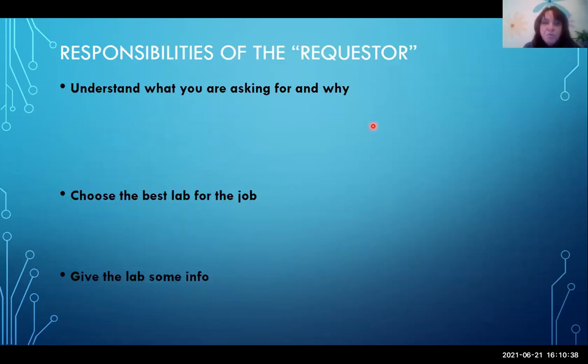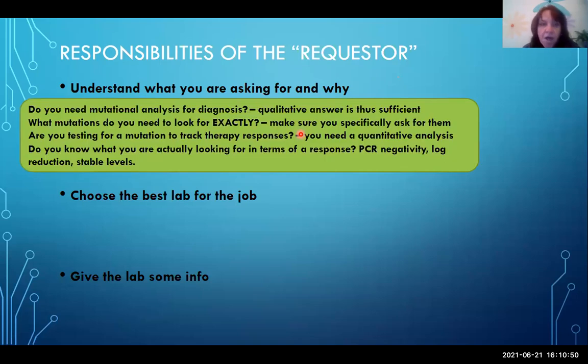So I think the responsibilities of the requester, which I've never really spoken about before, but it's becoming more and more important. You need to understand what you are asking for and why. So if you want to do a mutation analysis for diagnosis, then you need a qualitative answer, for instance. So you can choose a lab where they do a qualitative assay and not a quantitative assay, which tends to be more expensive.